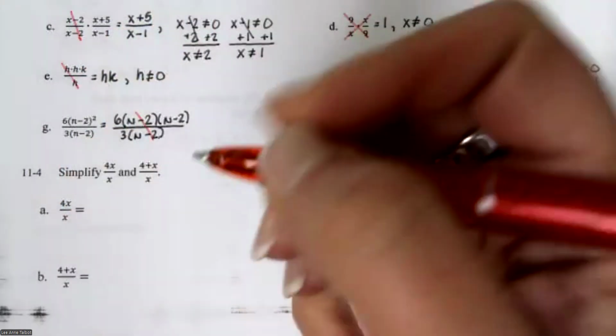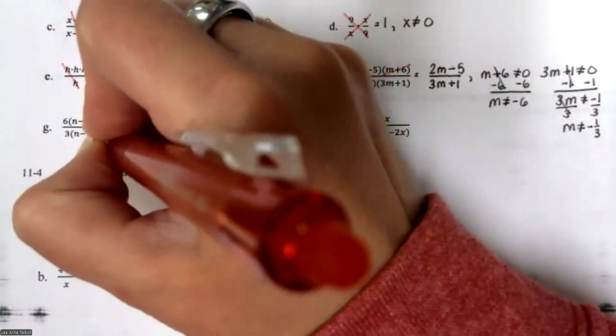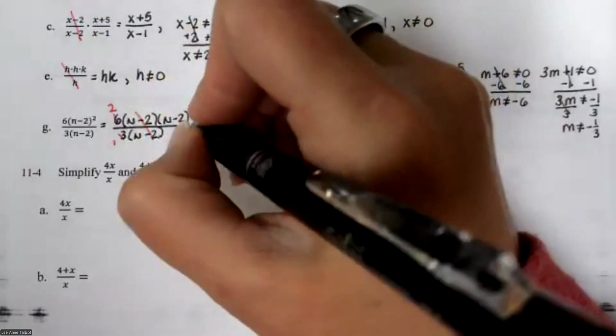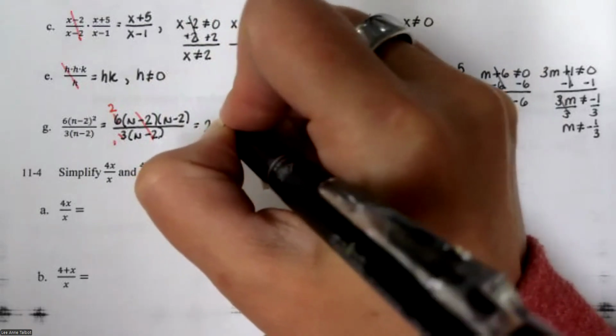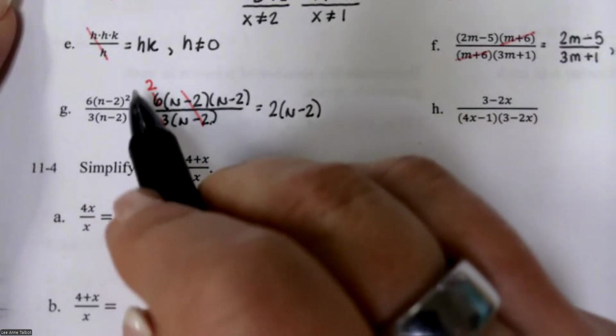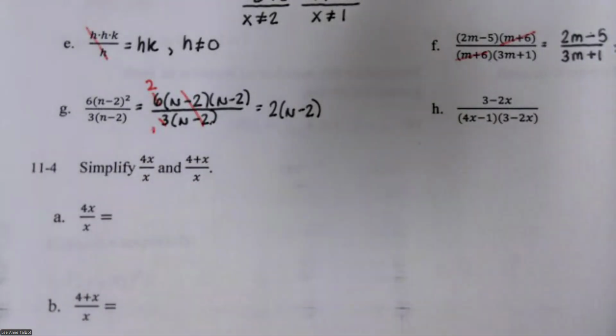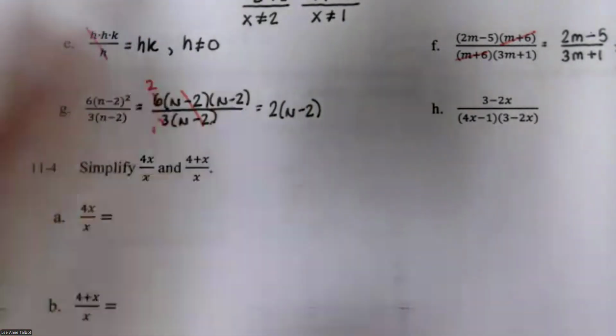So this is a 1, and 6 divided by 3 makes 2. Okay, now again, my advanced math people, on this problem, you could just cancel out the exponent and the bottom. That's fine with me. I don't care. I'm just doing this so that it's really clear.